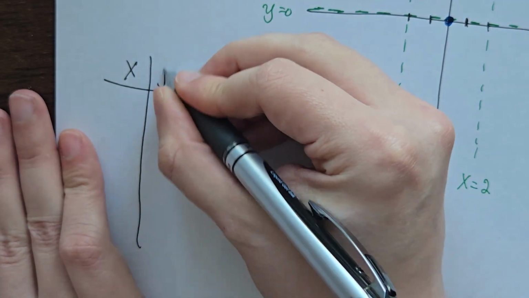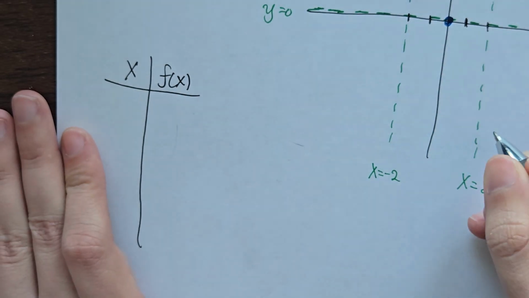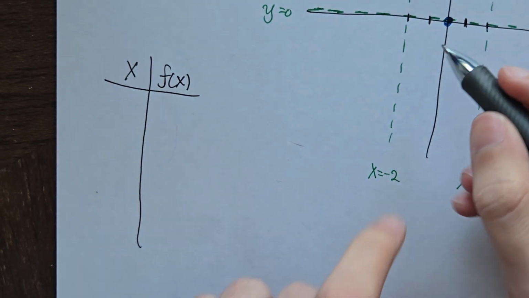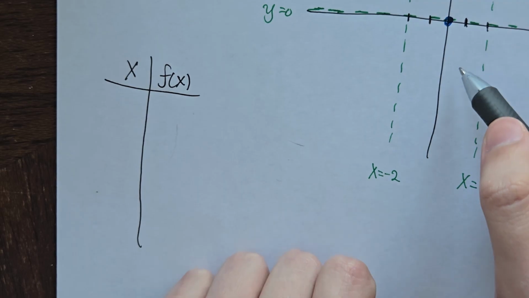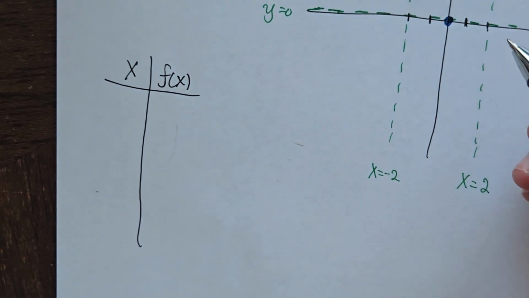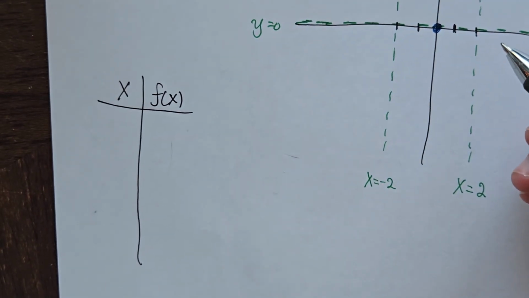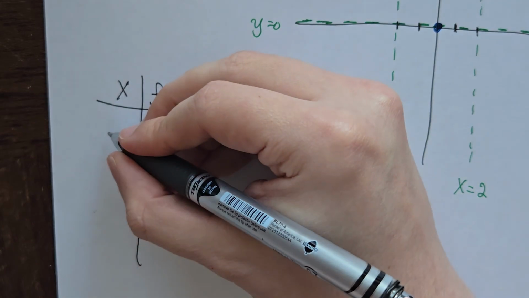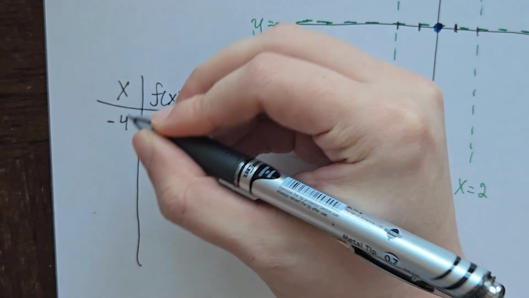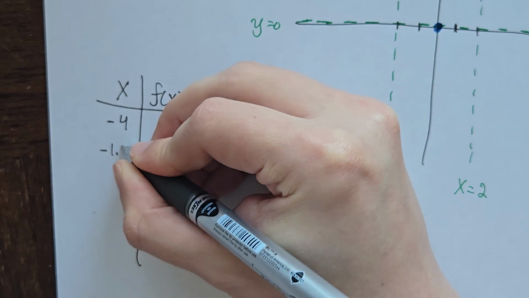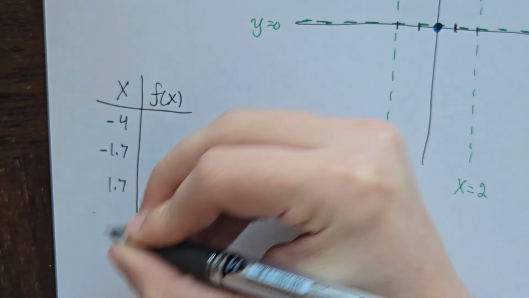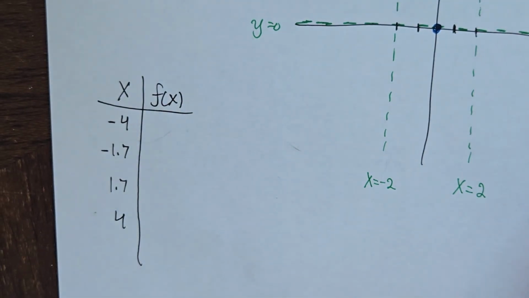I'm going to call them x and f of x. And we're going to strategically choose them to be outside the asymptotes and in between the x-intercepts. So let's maybe do the following ones right here. Maybe I'll do -4. That would be a good one. I'll do -1.7. I'll do +1.7 and then +4, right?